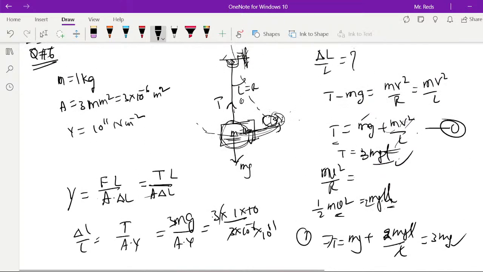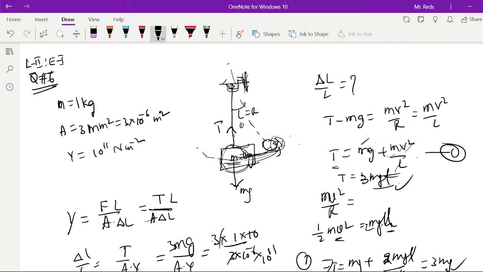So only this you have to understand here: the vertical circular motion concept you have to bring. According to this, tension at this point is in the upward direction, mg is in the downward direction, so the net force is m v square by r. By taking this and by conservation of energy, this is equation 2.